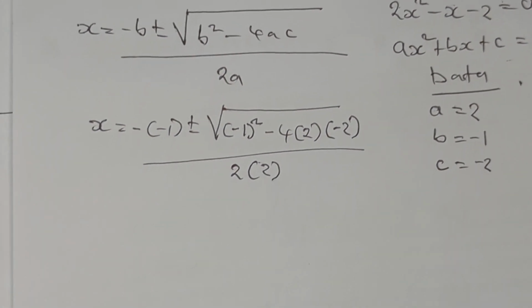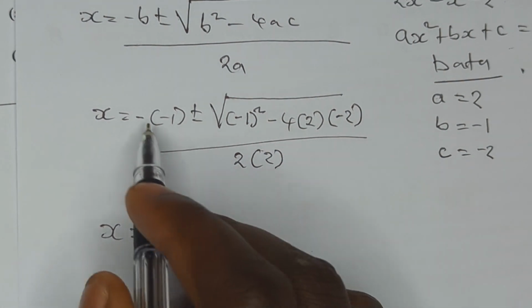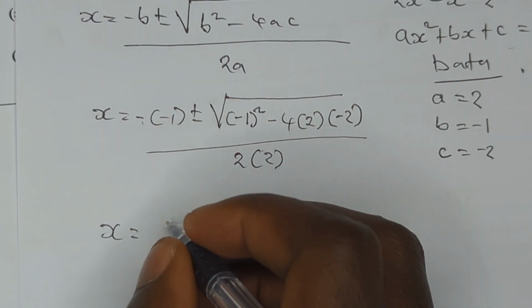So we can punch this on a calculator. So x is equal to, negative multiplied by negative gives us a positive.